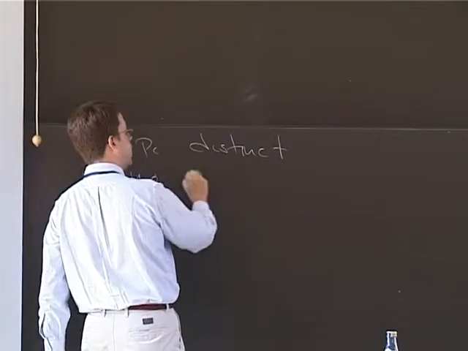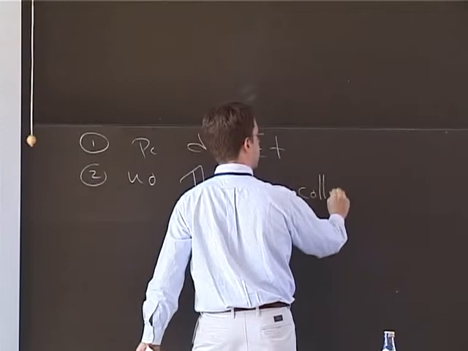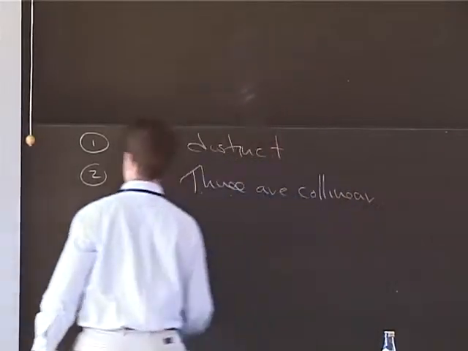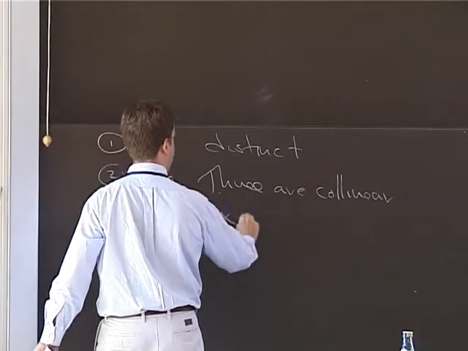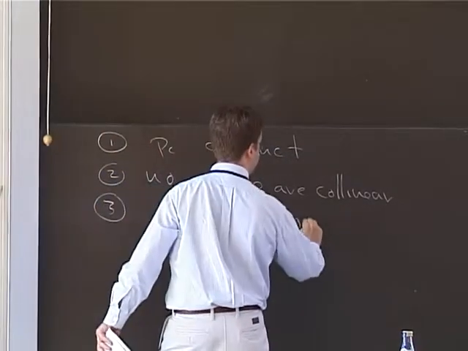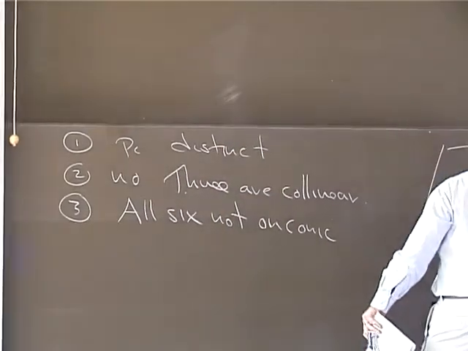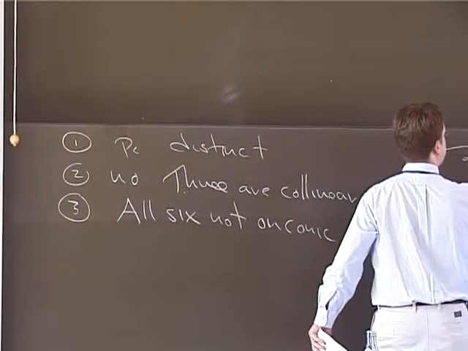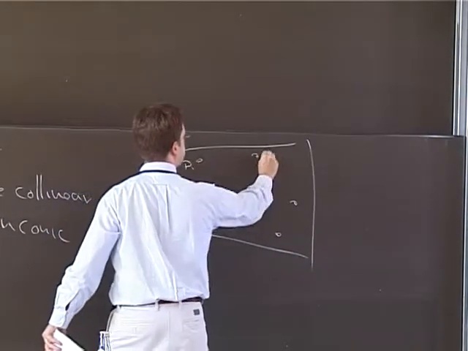No 3 are collinear. And all 6 are not on a conic. So I have these points.